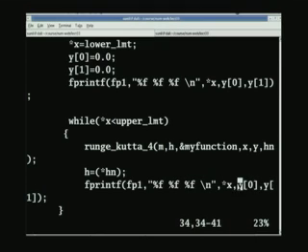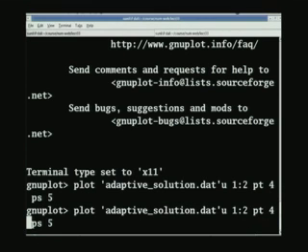If I use columns 1 and 2, then it is x versus y, and if I use 1 and 3, that is x versus y prime, the derivative of y. As I said, for a second order equation, the complete solution means obtaining both the function y as a function of x and its derivative as a function of x.